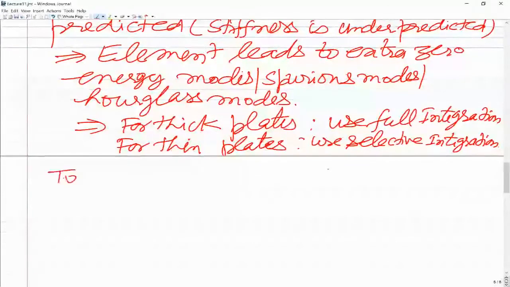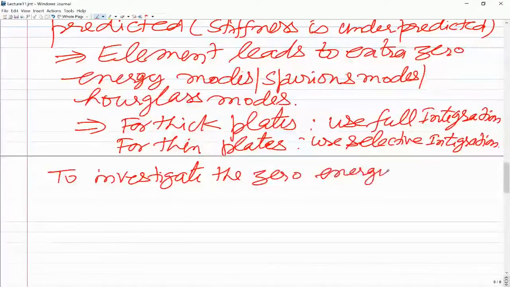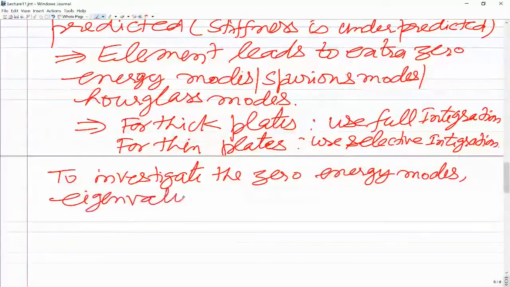So to investigate the zero energy modes, eigenvalues of the stiffness matrix are obtained.